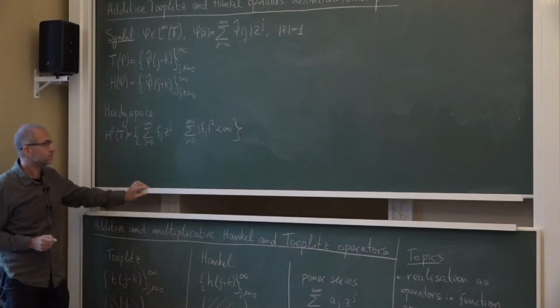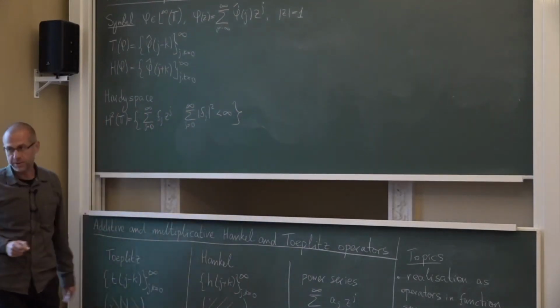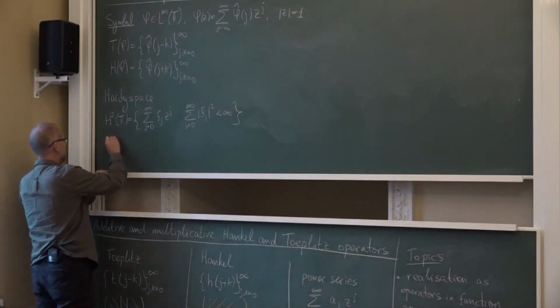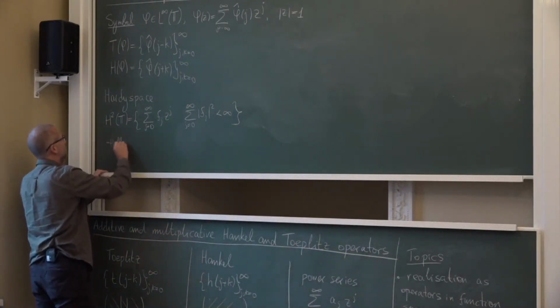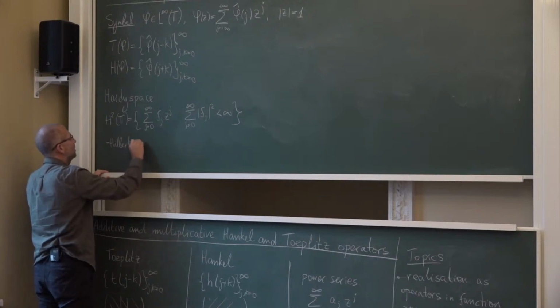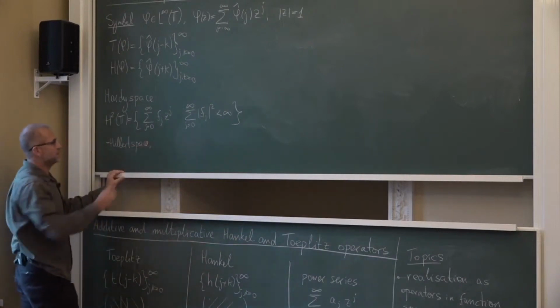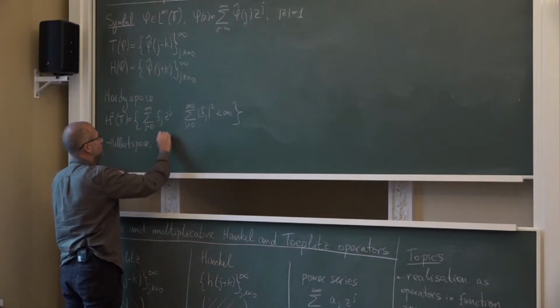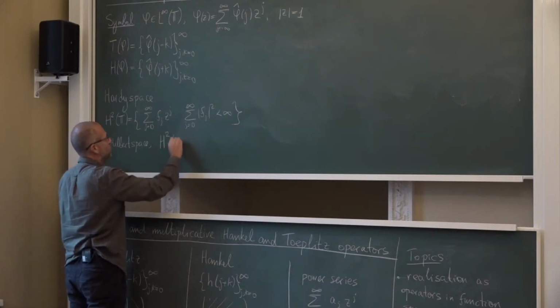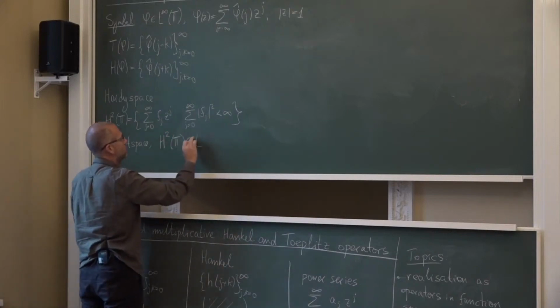And so, of course, we have a Hilbert structure on this space. This is a Hilbert space, and it's naturally embedded into the corresponding L2 space.